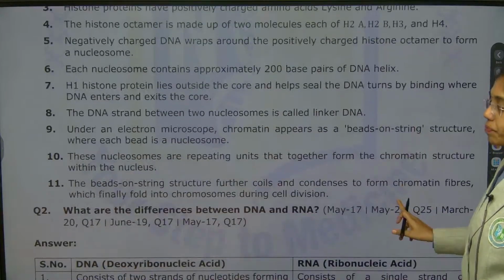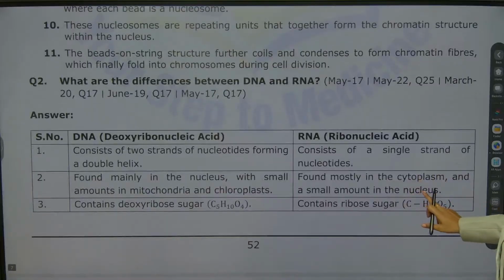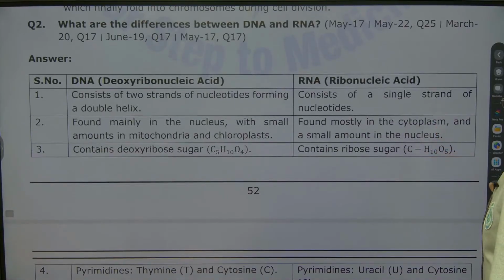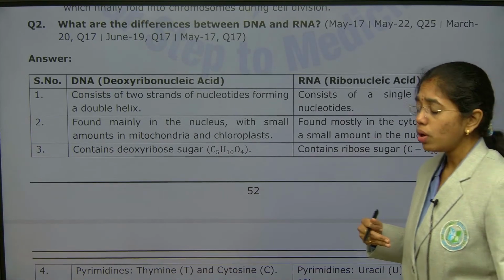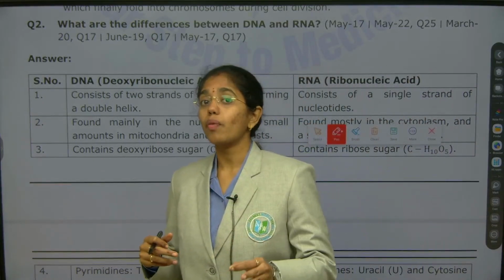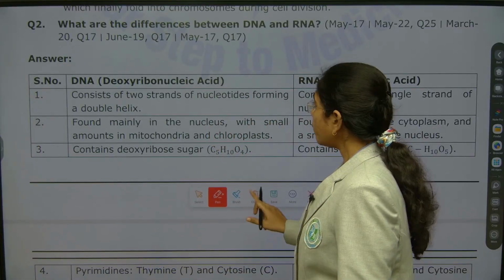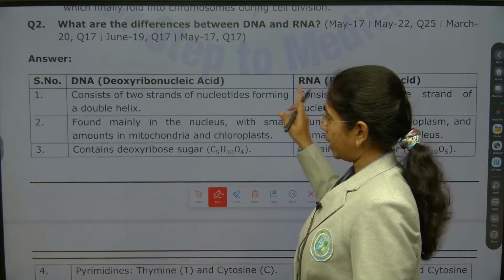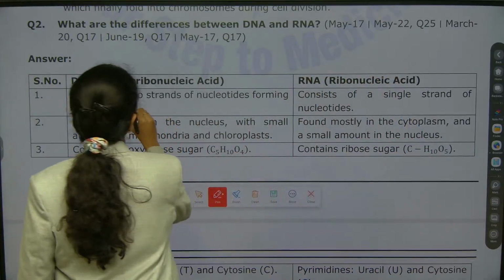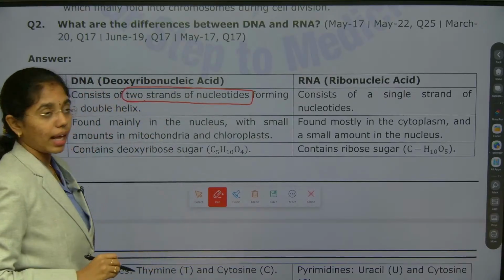Now next, what is the difference between DNA and RNA? Whenever they ask you for differences or a comparative analysis, it is better to provide a tabulated form, a table. DNA consists of two strands of nucleotides forming a double helix.